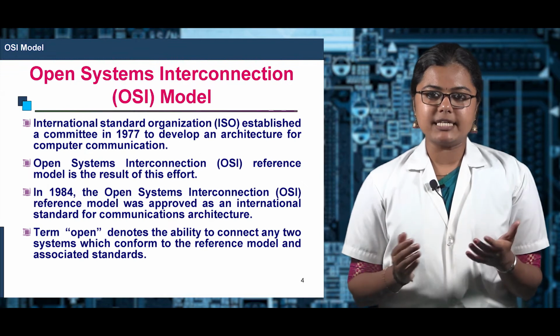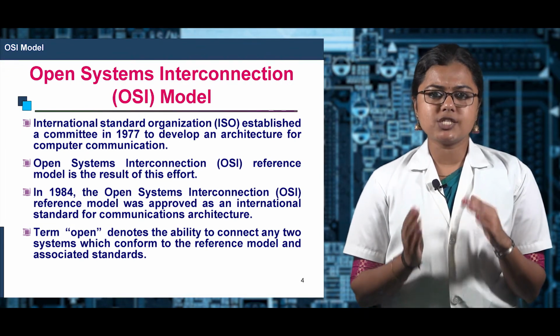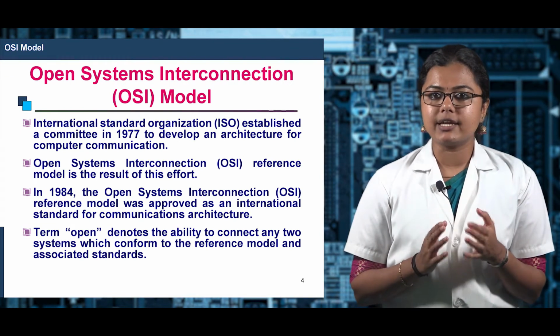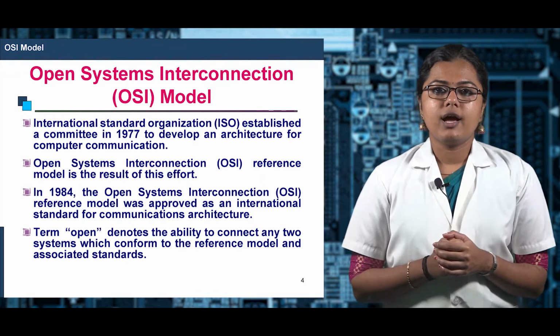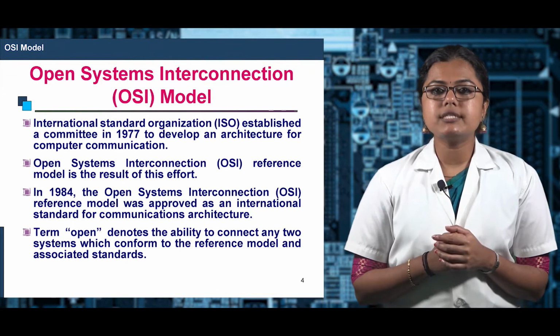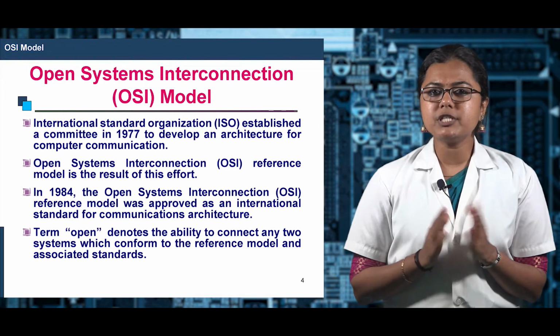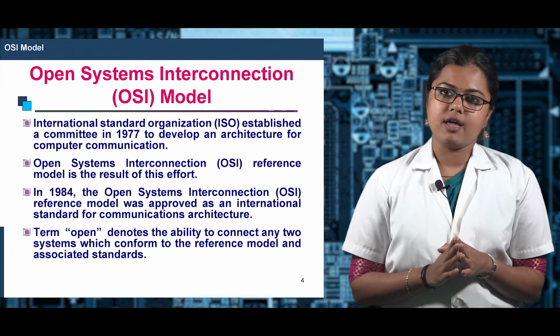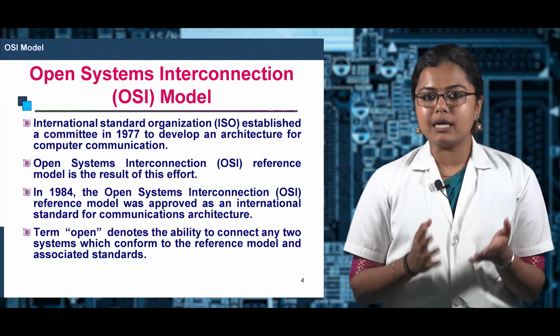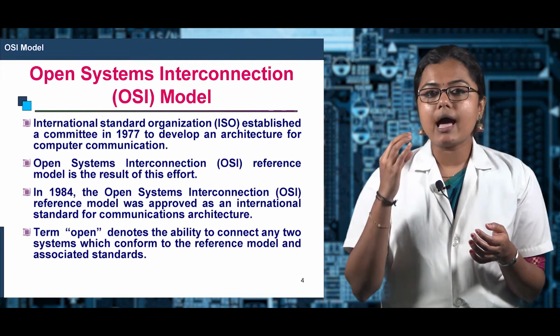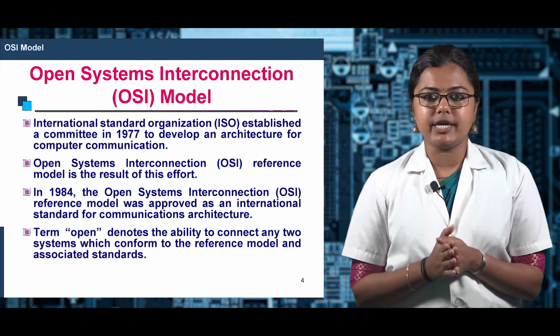The Open System Interconnection model. There is a history behind this OSI model. The ISO, or International Standard Organization, established a committee in 1977, and the main aim of this committee was to develop an architecture for computer communication.